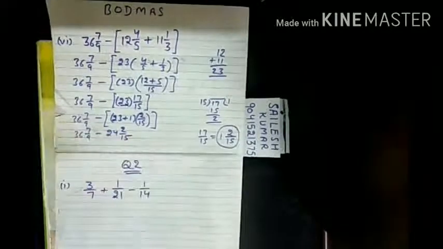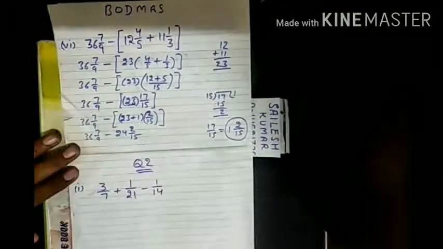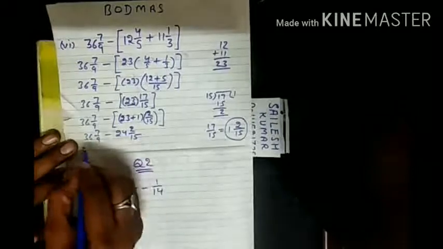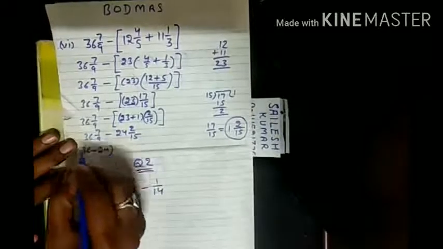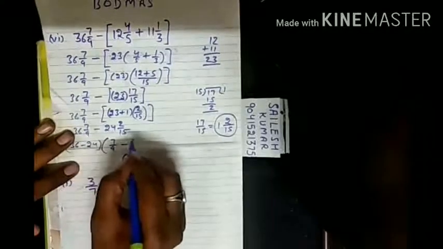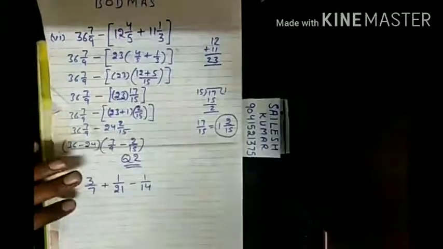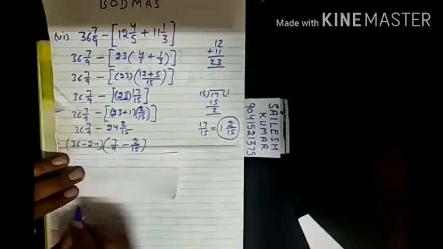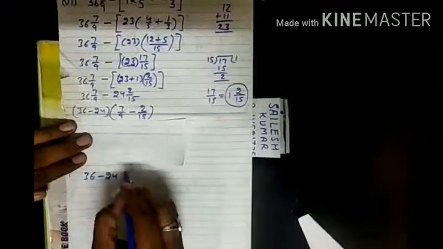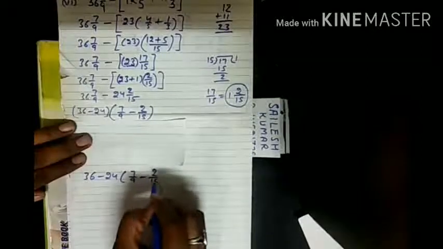Now again what shall we do? 36 minus 24, and here 7 by 9 minus 2 by 15.